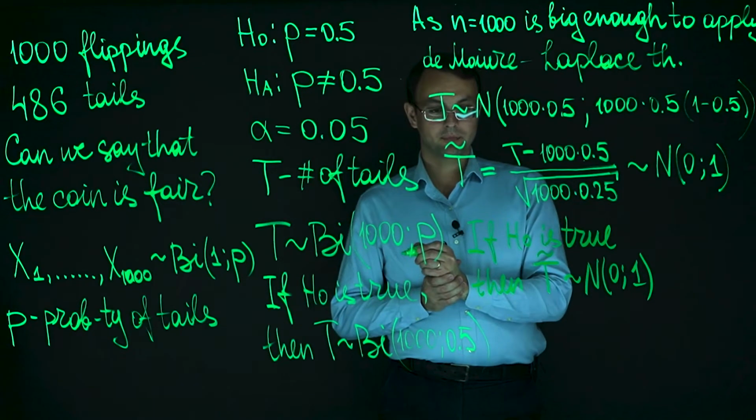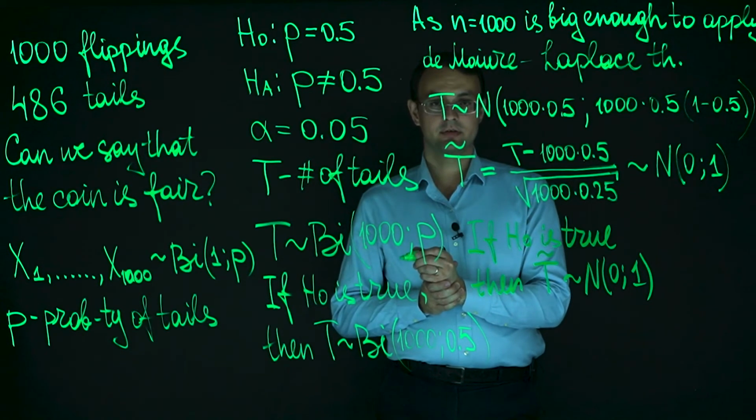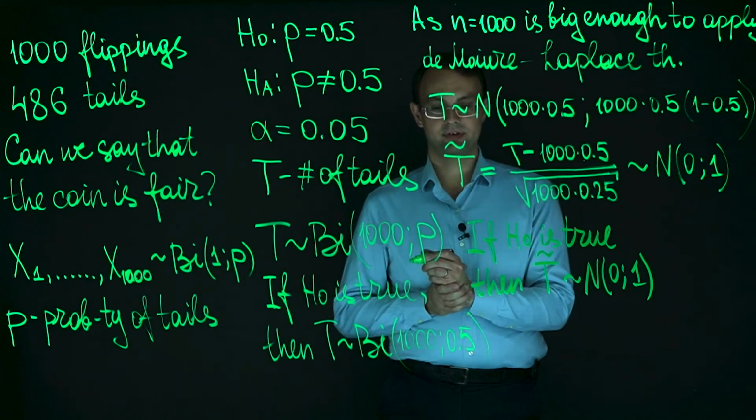So now we are to construct the acceptance region and the critical region for this hypothesis.